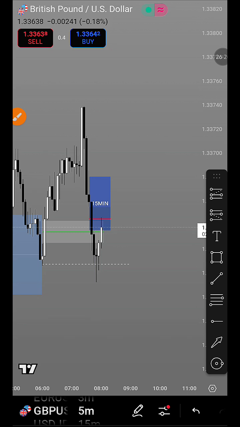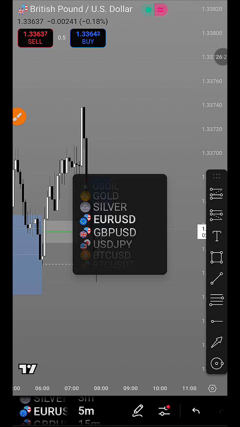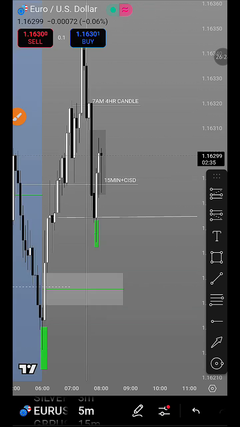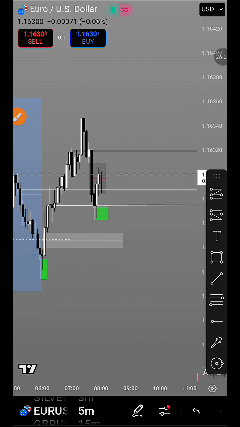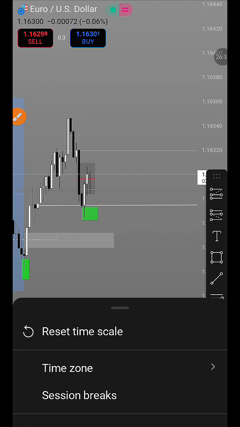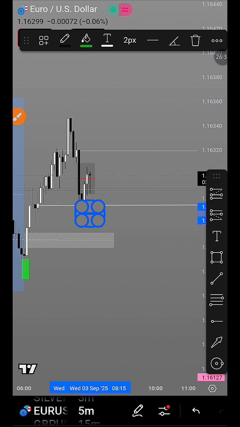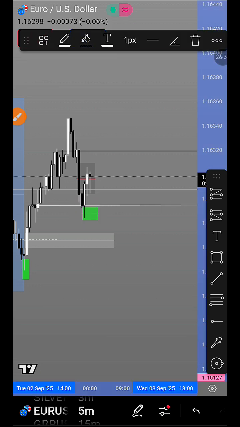So once it gives me that reaction, and I get the 5-minute inverse, I can then anticipate that this low is in the continuation swing, and I can put my stop loss there.